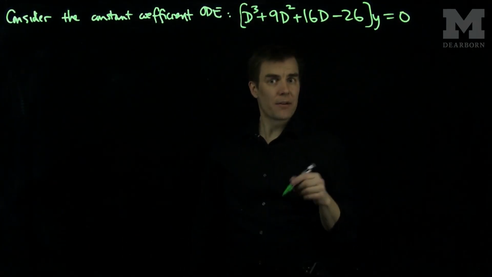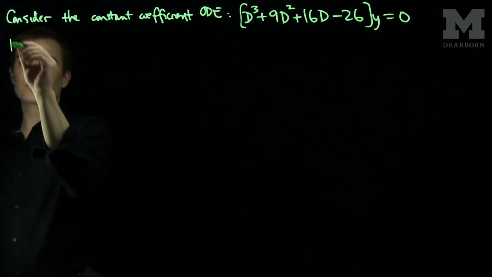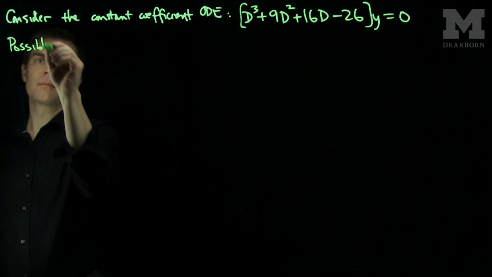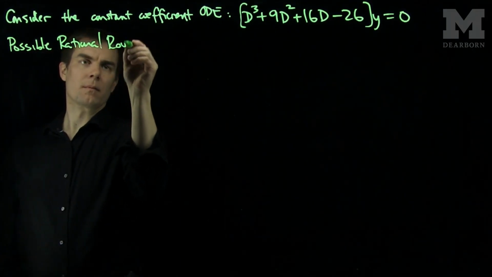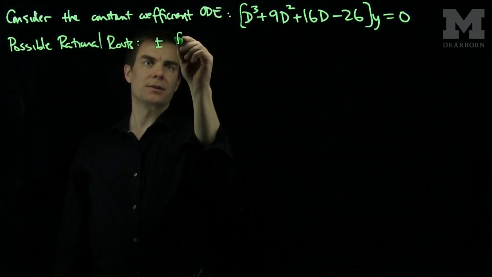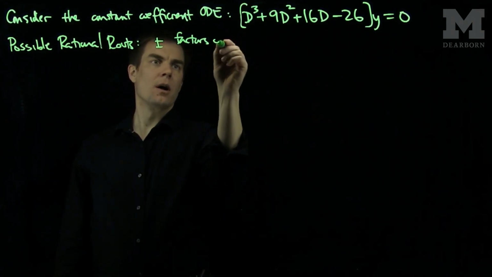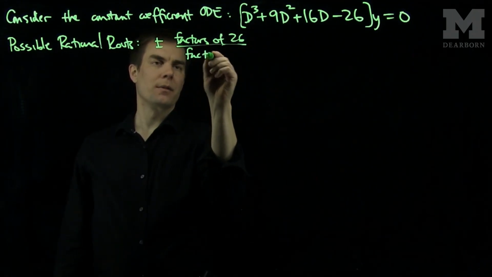So we see that we have integer coefficients, so we can write down the possible rational roots. The possible rational roots are plus or minus the factors of 26 over the factors of 1.